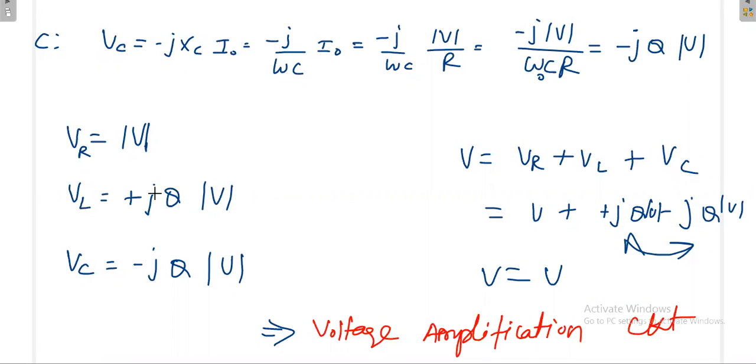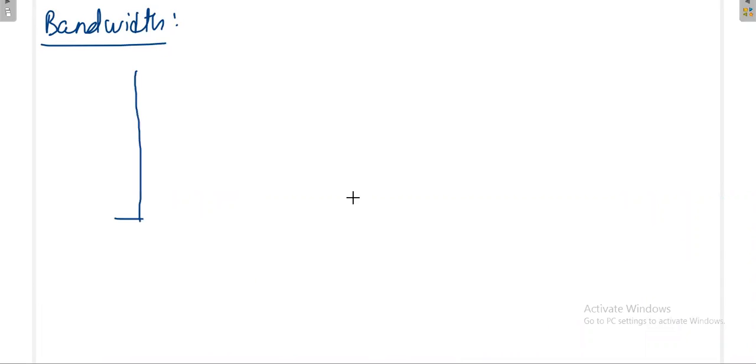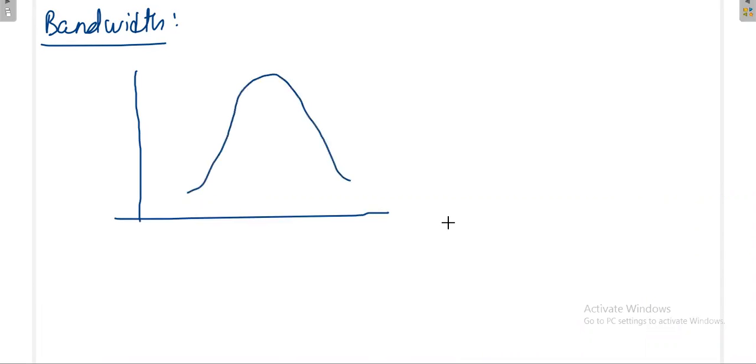Next we will concentrate on the bandwidth. This is frequency omega, and this is current.